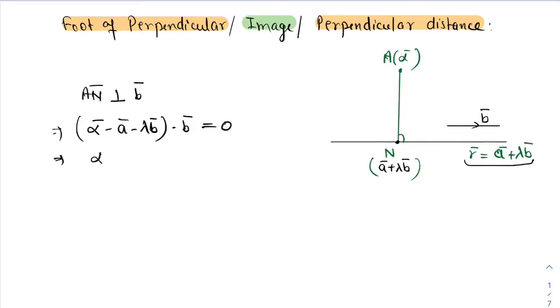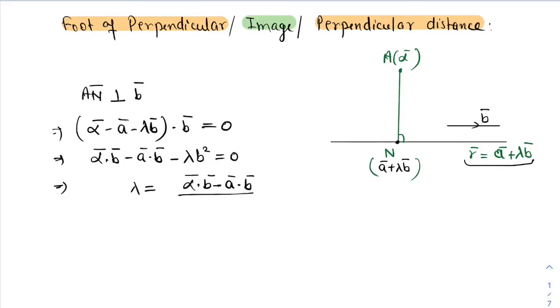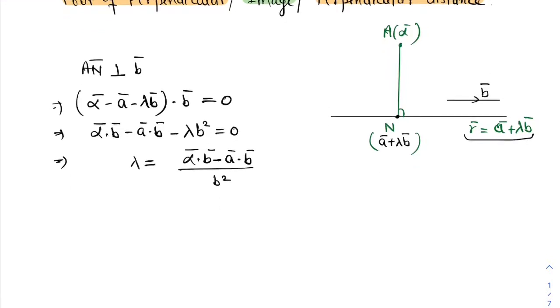So this will give us alpha dot b minus a dot b minus lambda b square equal to 0. From here, lambda is equal to alpha dot b minus a dot b divided by b square. Taking b common, ultimately lambda will be alpha minus a dot b divided by the square of the magnitude of vector b.